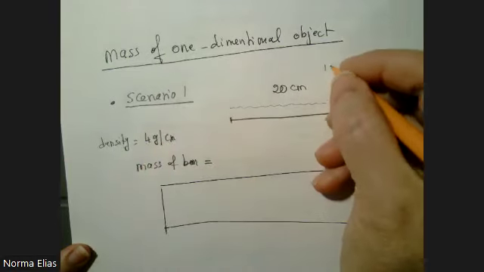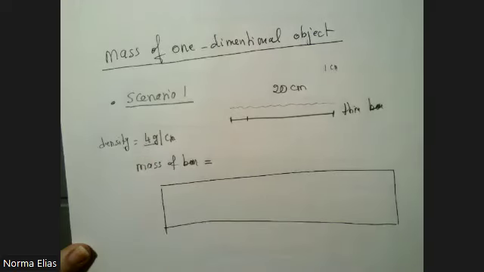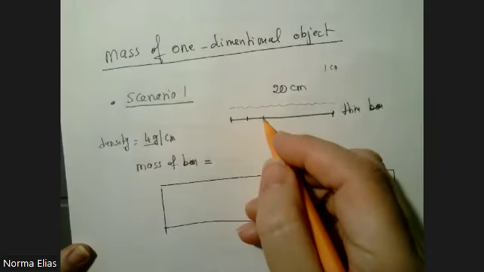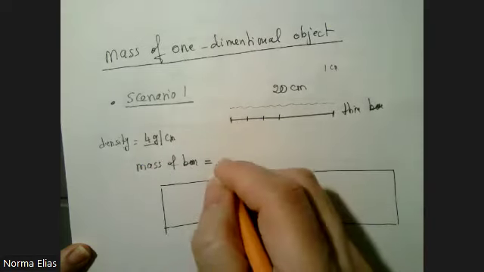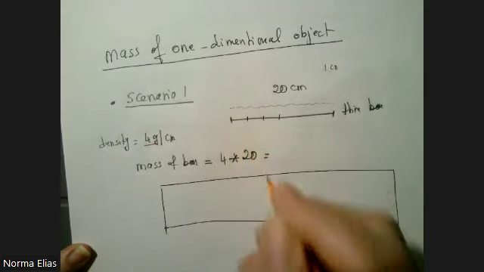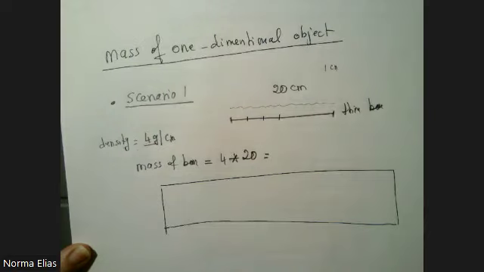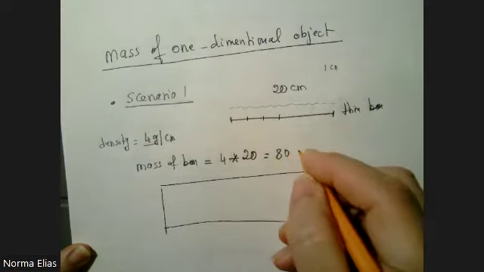It means every centimeter, what's the mass of it? 4. 2 centimeter, 2 times 4. 3 centimeter, 3 times 4. So the mass is going to be 4 times 20. You multiply them because the density tells you per 1 centimeter. So it's going to give you 80 gram.